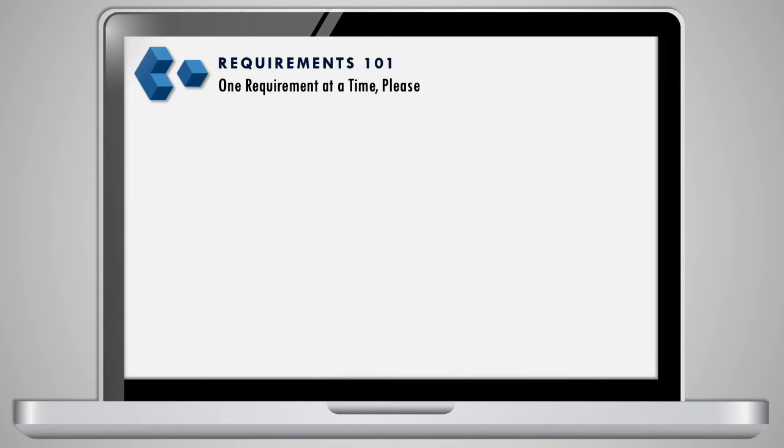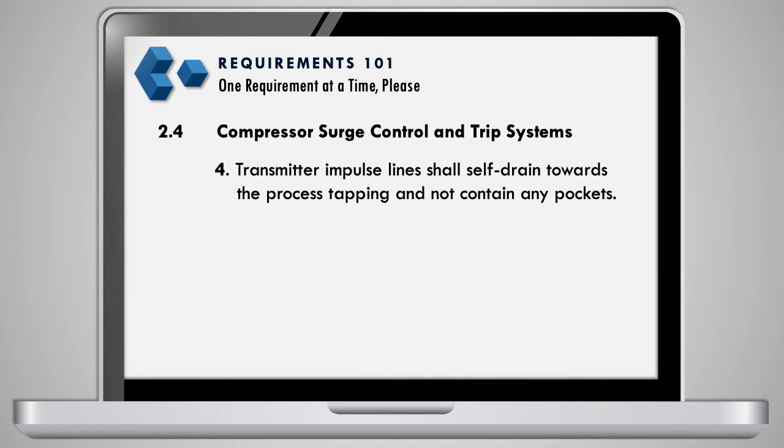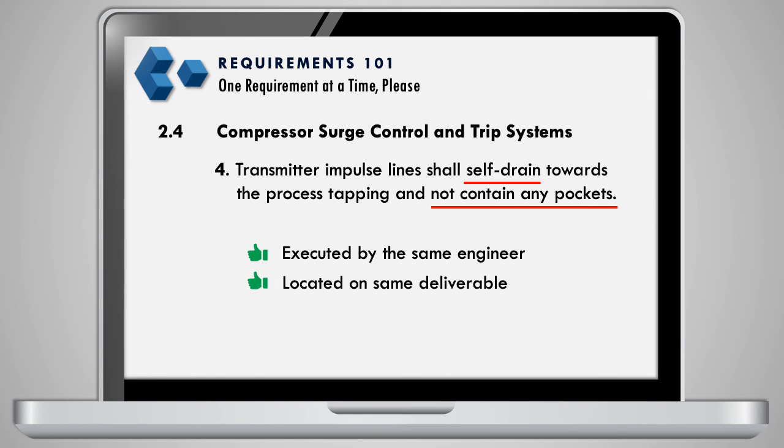Let's briefly return to one of the requirements we just looked at. Strictly speaking, we actually have 2 requirements here: self-draining and no pockets, and one could argue that the requirements should be split up, and that would be fair. However, we can also use our engineering judgment and see that self-draining and no pockets are 2 requirements that would be executed by the same engineer, that would be located on the same drawing, and would be verified by the same person at the very same time.